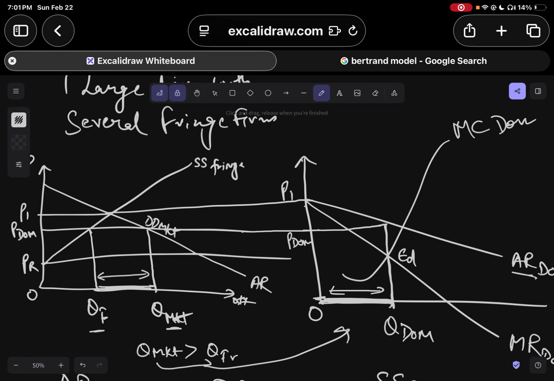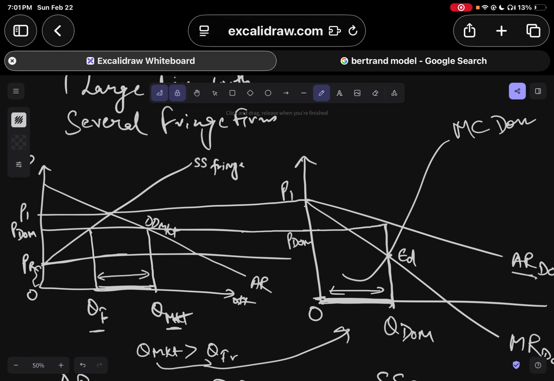So below PR, the entire market is supplied by the dominant firm because it can. This AR curve can be used to derive the MR curve of the dominant firm. The equilibrium of the dominant firm takes place when its MR curve is intersected by the MC curve at point ED. The dominant firm chooses to produce output QD and charge a price PD.